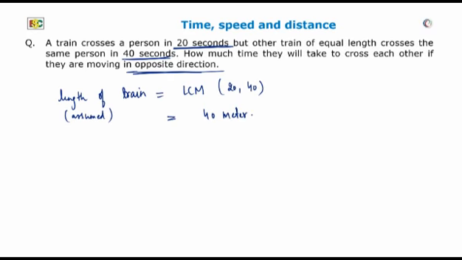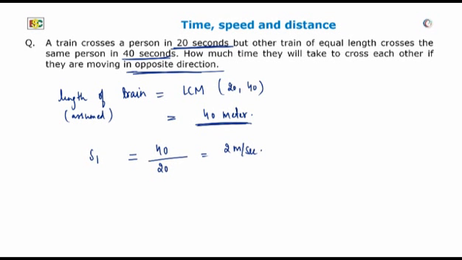Now we can calculate the speed for a train which is passing a person in 20 seconds. And let's say the speed is equal to S1, and that would be equal to, as we know, speed is equal to distance upon time, and distance we have assumed as 40 meter. So 40 upon time, that is 20 seconds, and this will be equal to 2 meter per second.